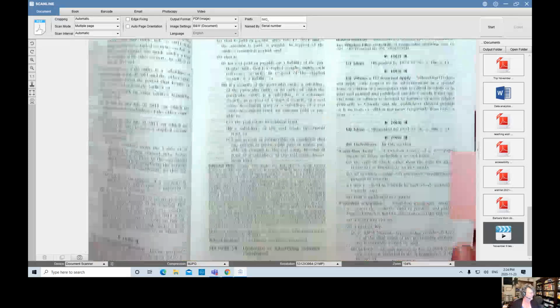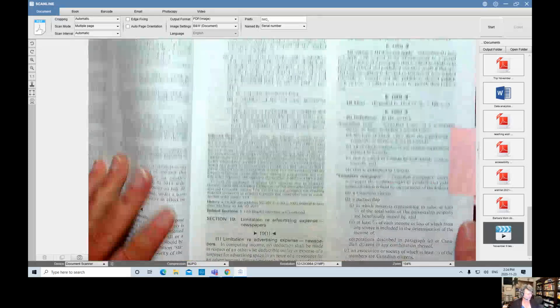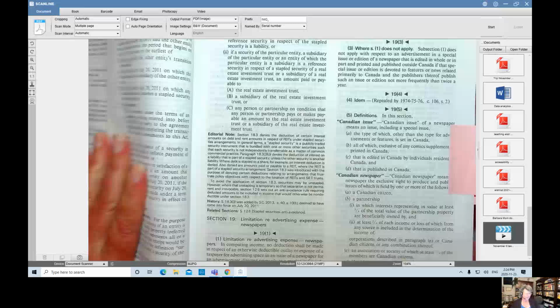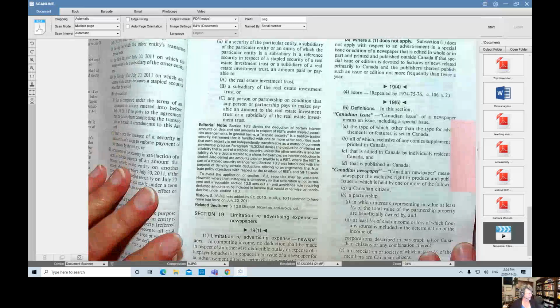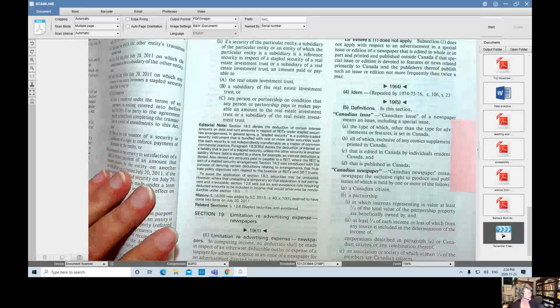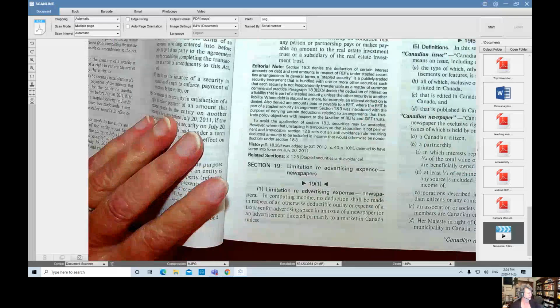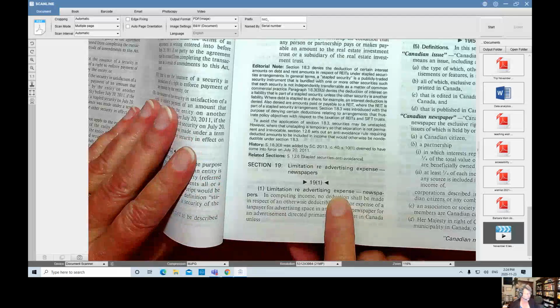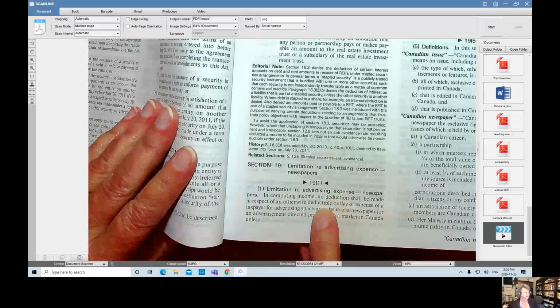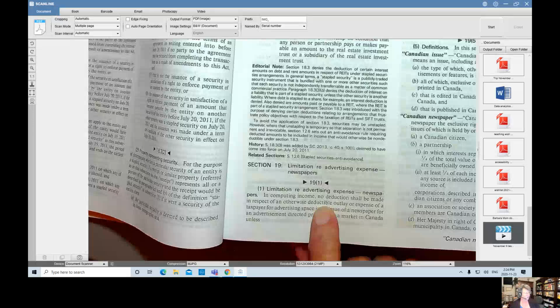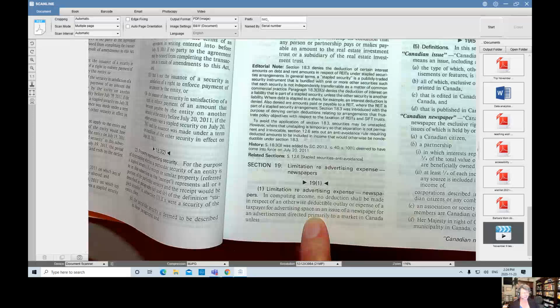Now, I want you to see section 19 just briefly, mainly because I find it entertaining. Let me back up, see if I can get it more clear for you. No, that's less clear. There we go. Section 19 says limitation on advertising expense. No deduction is made in respect of an amount that would normally be deductible for advertising in an issue of a newspaper that is aimed at a market in Canada.